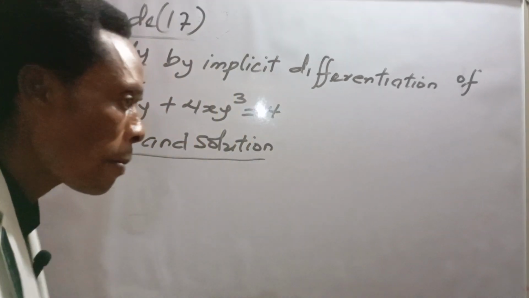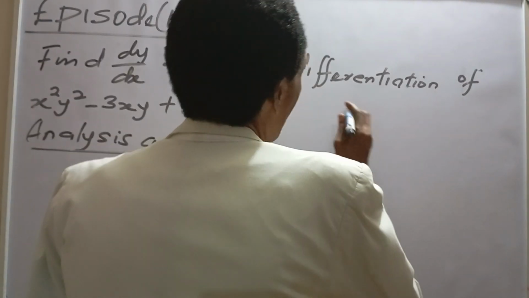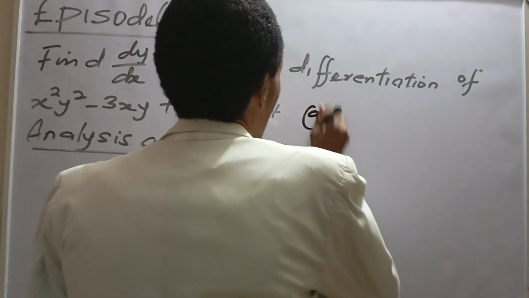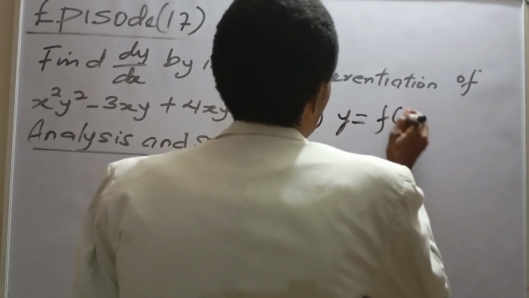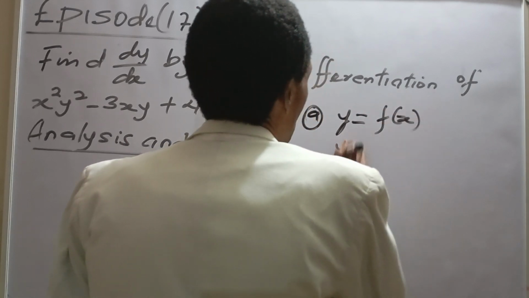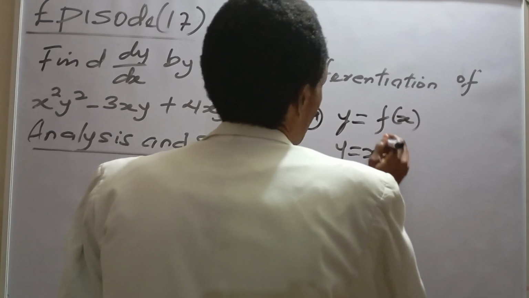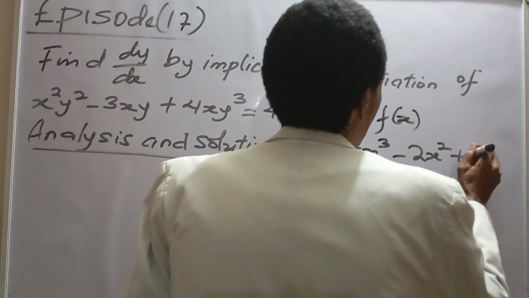In case you have, let's say, A: y equals f of x, where y equals x cubed minus 2x squared plus 4.